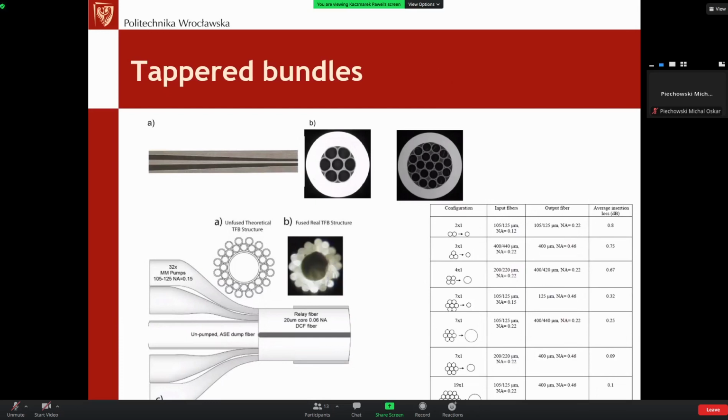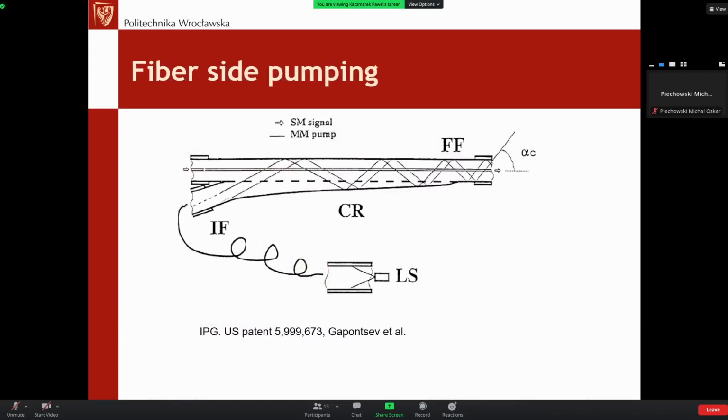Here you have another example of such a structure, and here you have, let's say, the holy grail of this high power technology, because it was invented by the IPG company. This is the company in the high power fiber laser market. In fact, they are dominating this market. Even in 2003, 2004, all the companies making high power fiber amplifiers had, for example, an amplifier output power of 2 watts, maybe 5 watts.